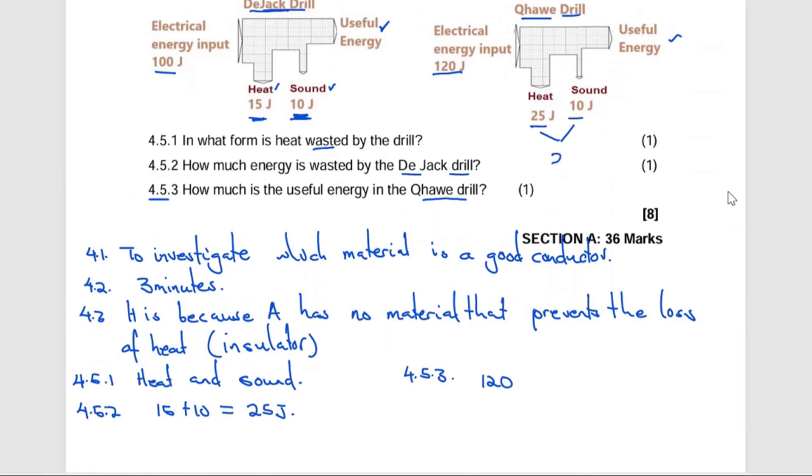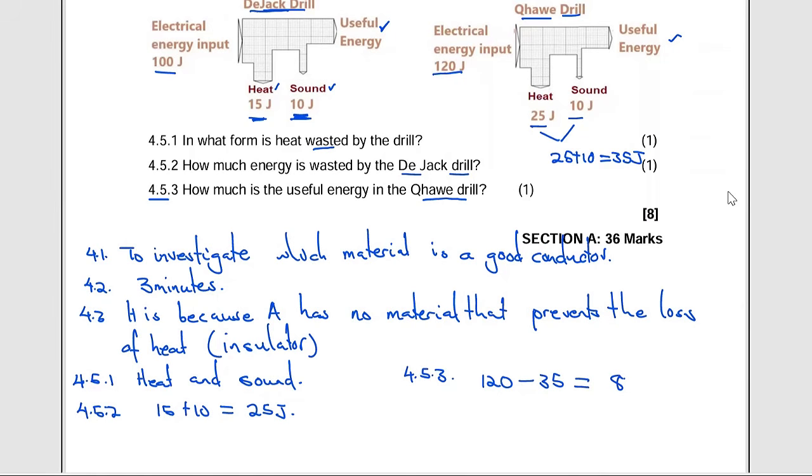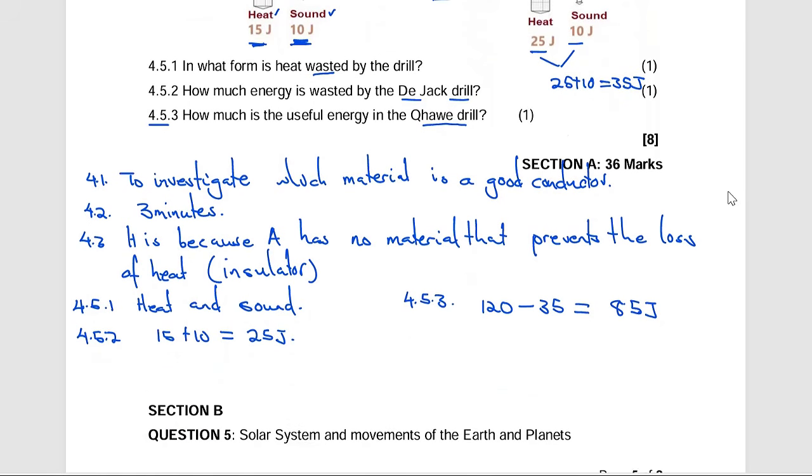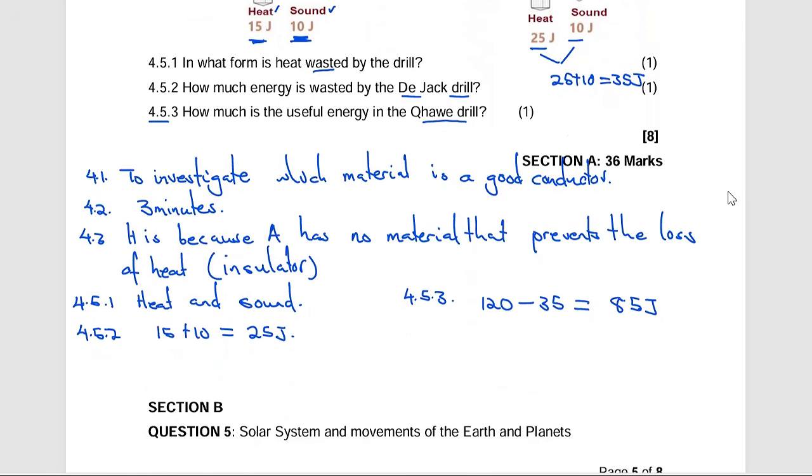If we add 25 plus 10, we get 35 joules. So we are supposed to say 120 minus 35. If you calculate, we get an answer of 85 joules. So this is our useful energy, 85 joules. We're done with question 4.5.3.